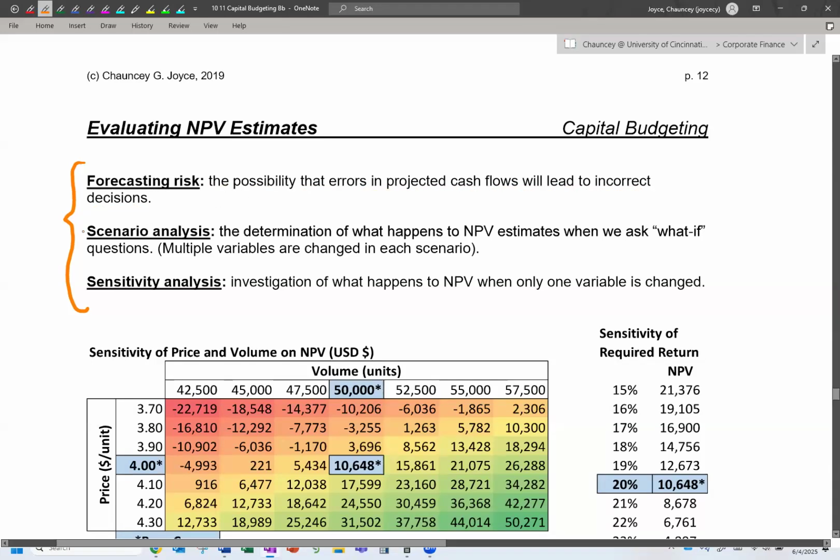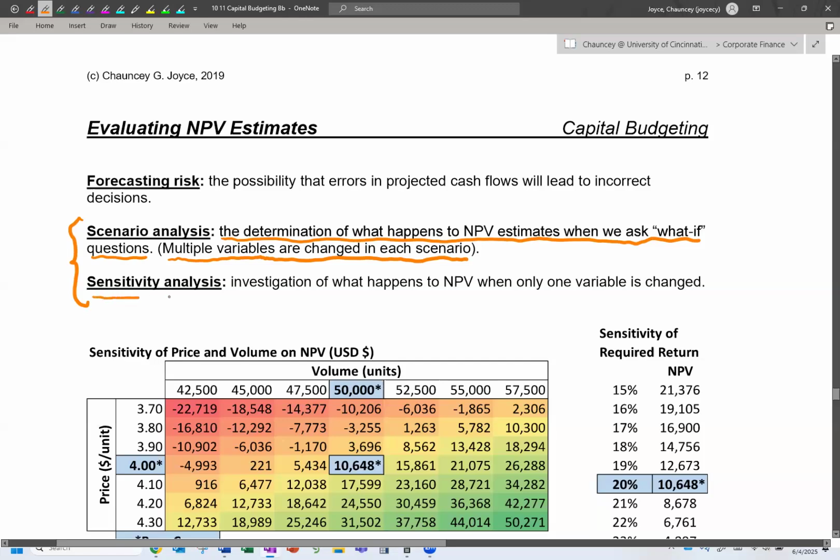And then these 2 definitions get mixed up quite a bit from students: scenario versus sensitivity analysis. Scenario analysis is the determination of what happens to net present value estimates when we ask what if questions. That means we're changing multiple variables at the same time. So we might change volume and price to see what happens to net present value.